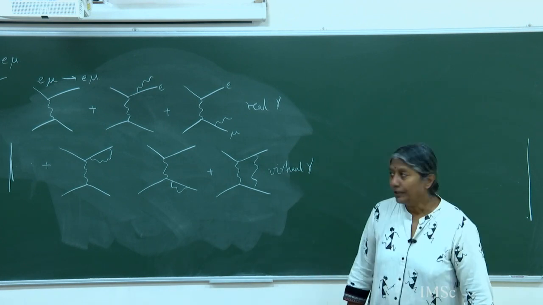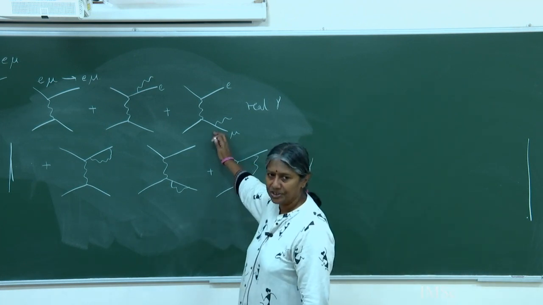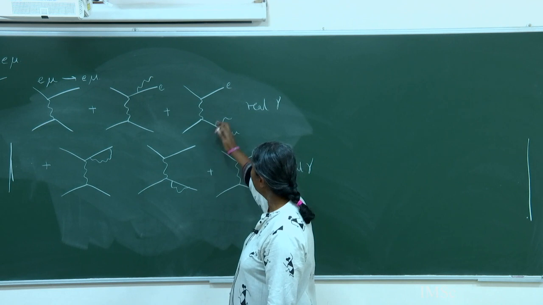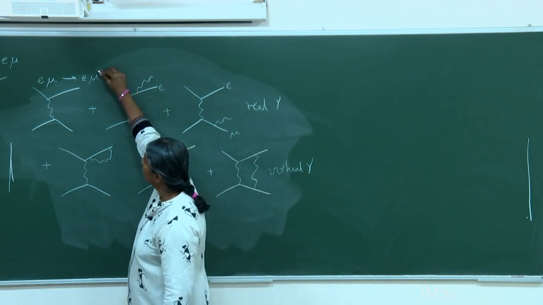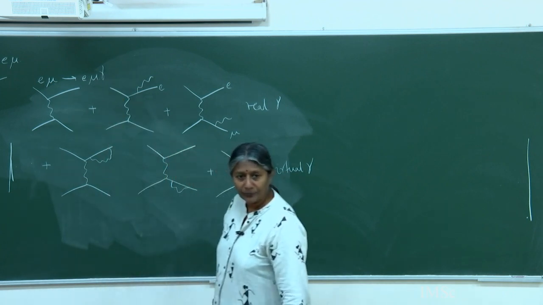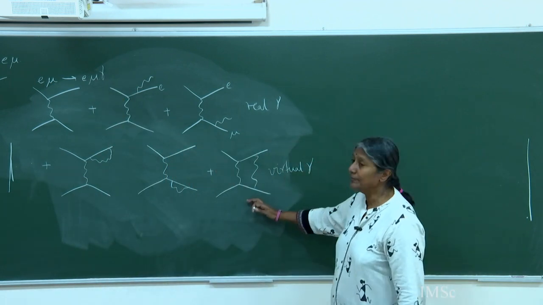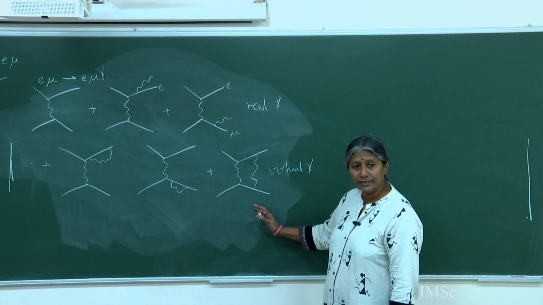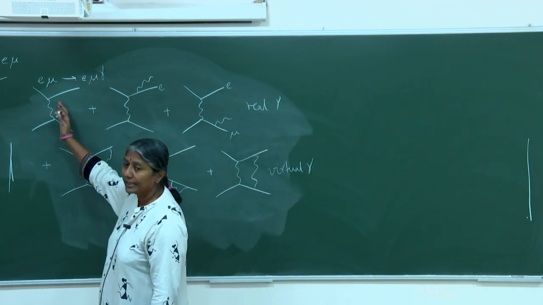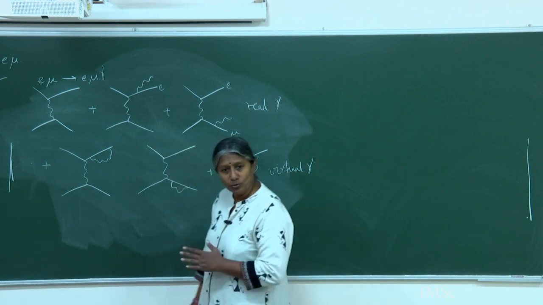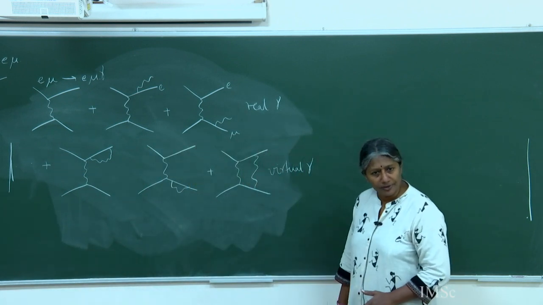Now, of course, you can argue that, let me just finish the statement, then you can ask your question. You can argue that this is no longer E mu goes to E mu, this is E mu goes to E mu gamma. However, this is still E mu goes to E mu because the photon was emitted and absorbed. So these kinds of contributions become the higher order corrections to these diagrams, and you will actually compute them in the quantum field theory course.